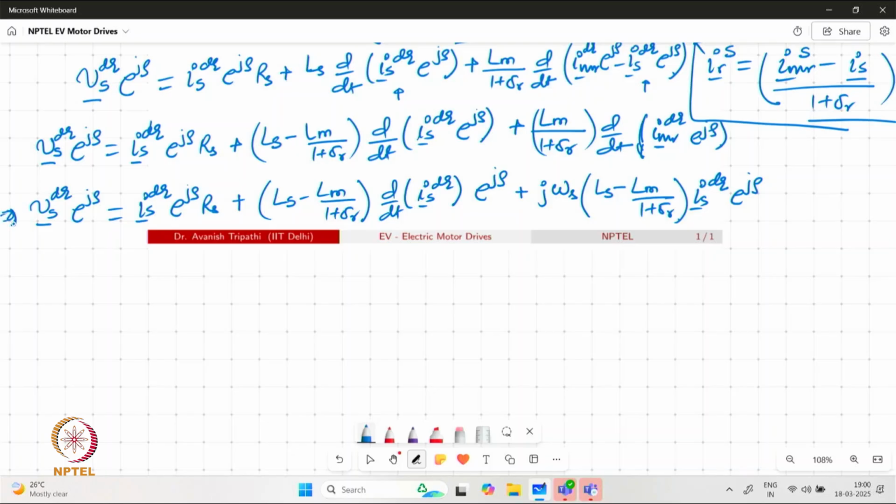So I'll use the second line for writing the other term.